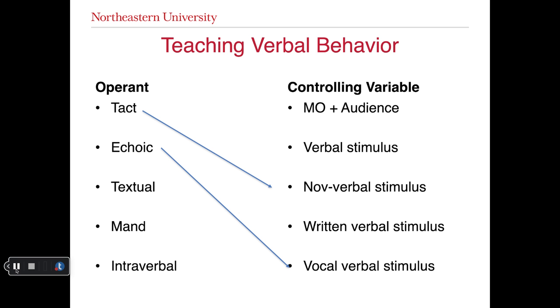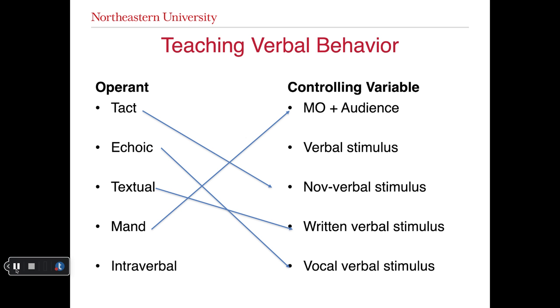Similarly, the textual behavior will have a specific form of behavior. So I hope for the textual, you said the written or text-based verbal stimulus. I tried not to put the word text in there. And how about the mand?